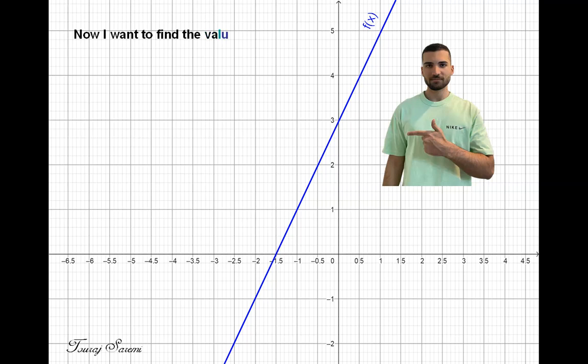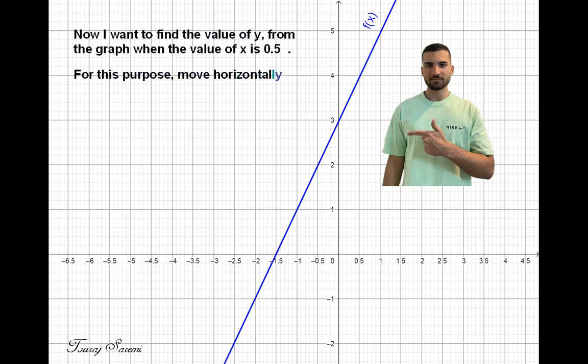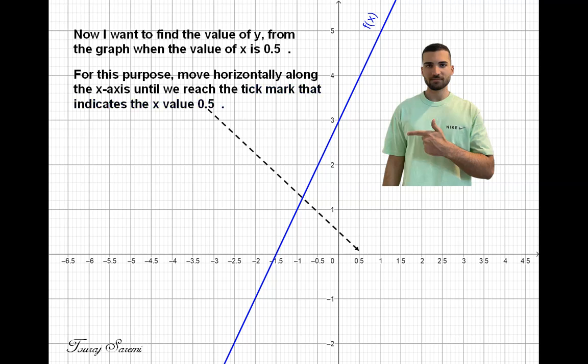Now I want to find the value of y from the graph when the value of x is half. For this purpose, move horizontally along the x-axis until we reach the tick mark that indicates the x value half. We can move from two directions, left or right.